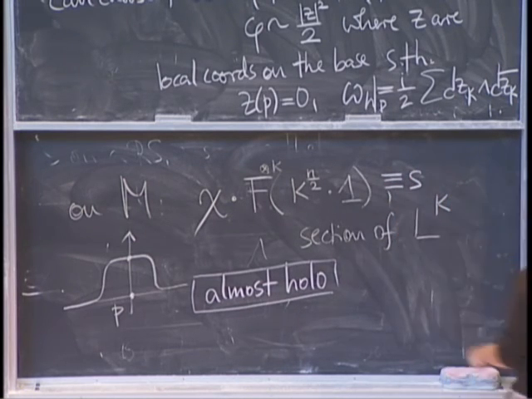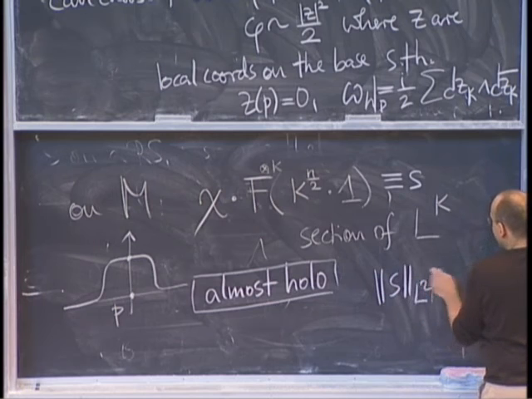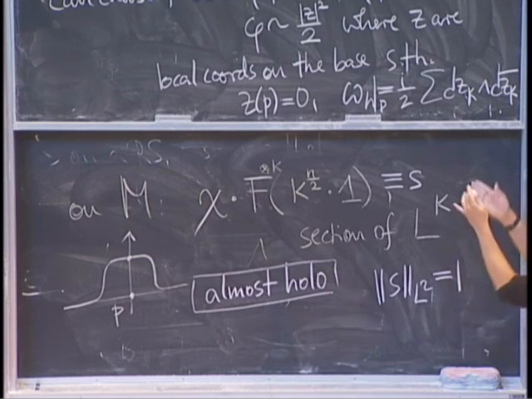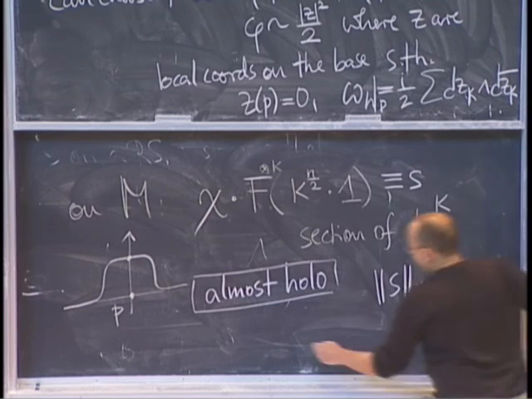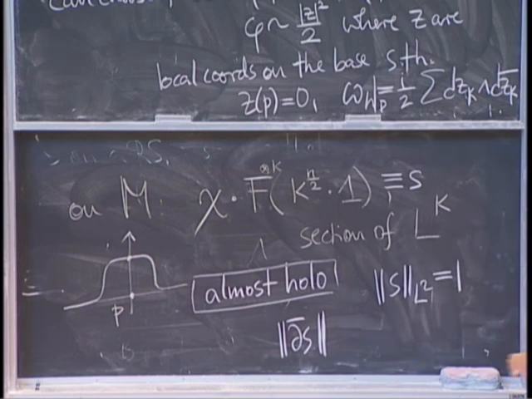So if I call that S, then the L2 norm of S is going to be equal to 1, basically, because I have a Gaussian that's scaled in the right way. But if I take the d bar of S to check how holomorphic my section actually is, well, it's pretty holomorphic, except in the region where I've made the cutoff.